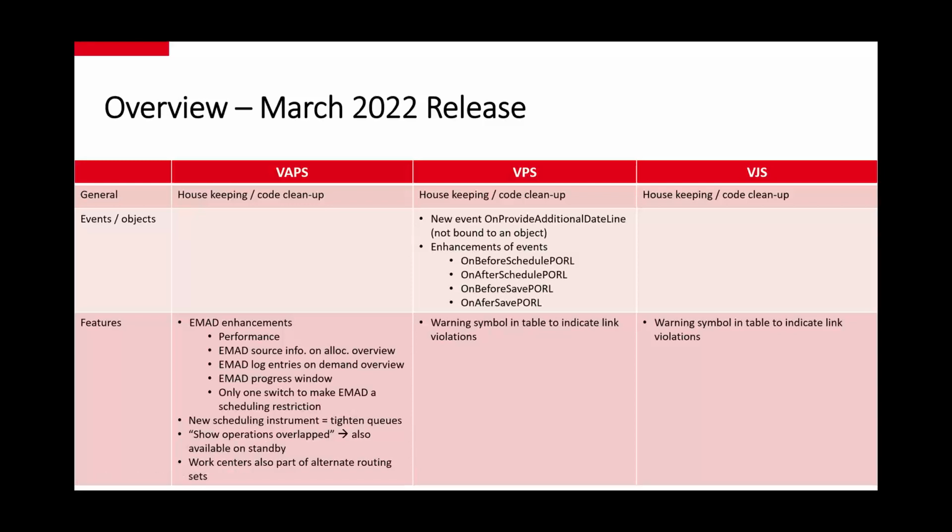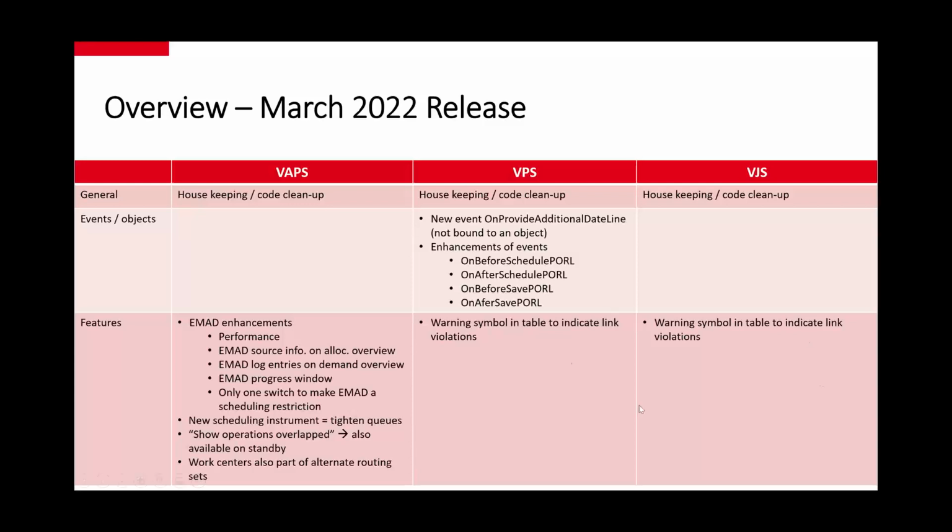So far, the alternate routing sets only included machine centers and the subcontracting work centers, but now we opened this up also to work centers, so that with this release you can use the VAPS with 100% functionality without having a single machine center. So now the VAPS also supports those customers who solely work with work centers.